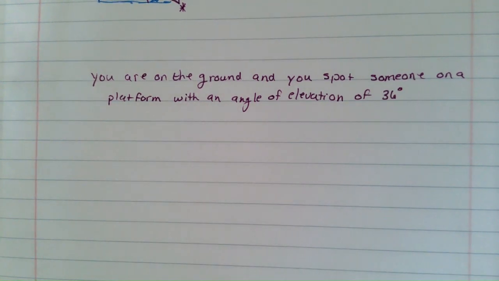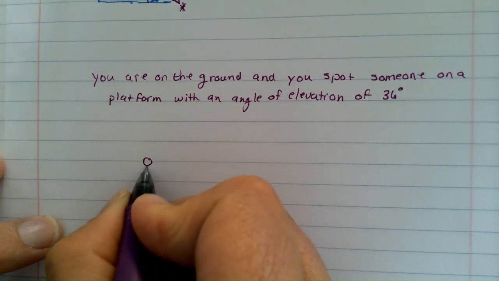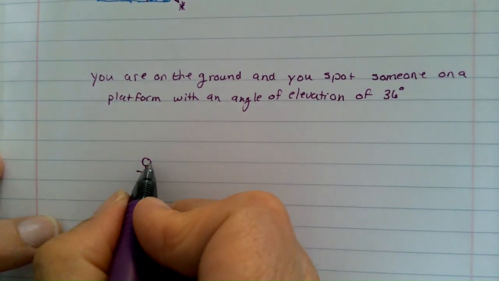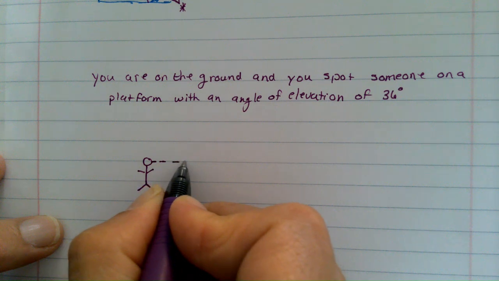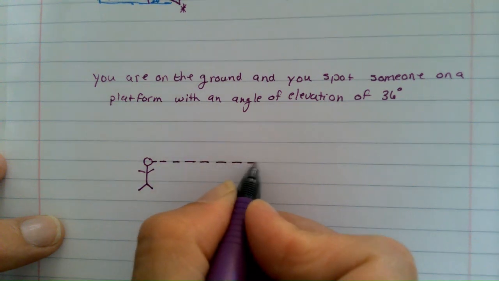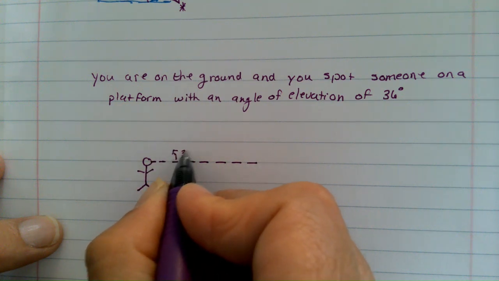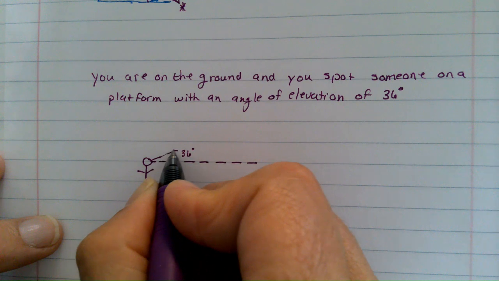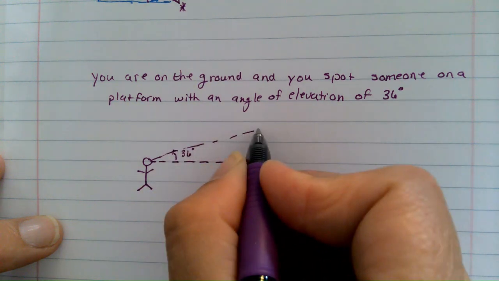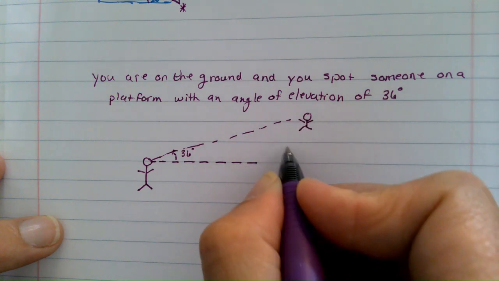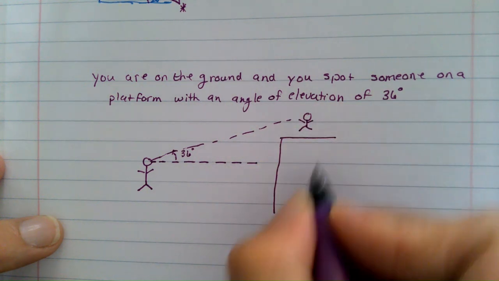All right, let's just draw the picture first. That's all I really care about, is being able to draw the picture. So you were here, and there's your line of sight. You had to look up or elevate your head 36 degrees to see your friend on a platform.